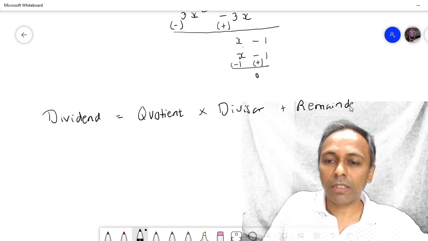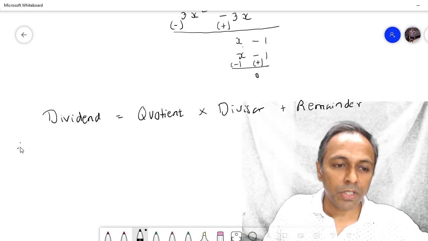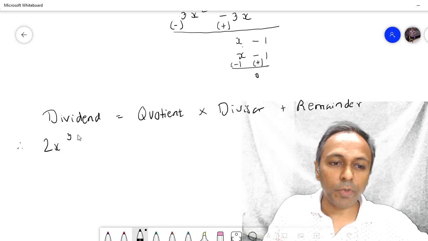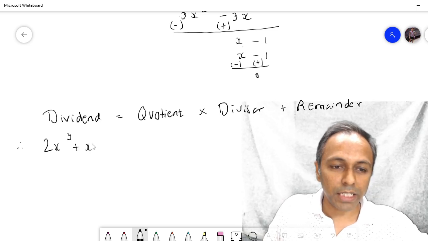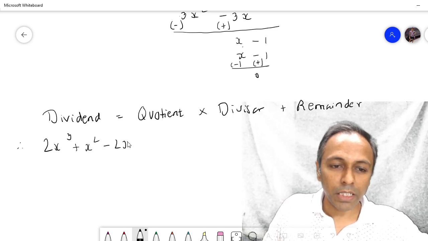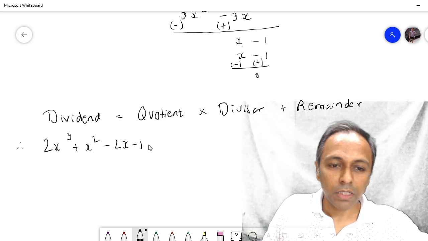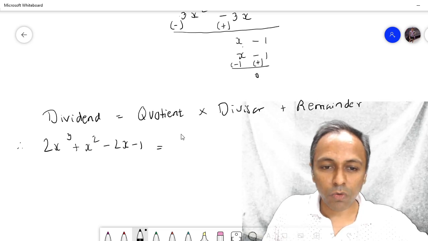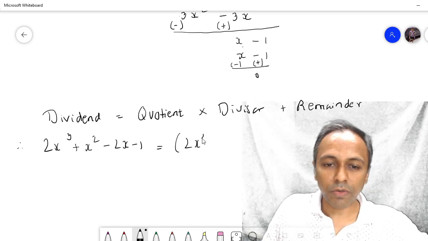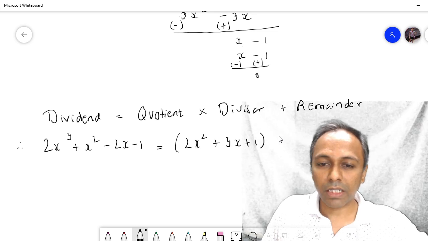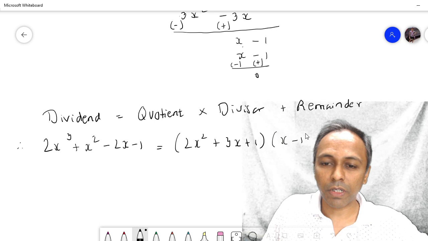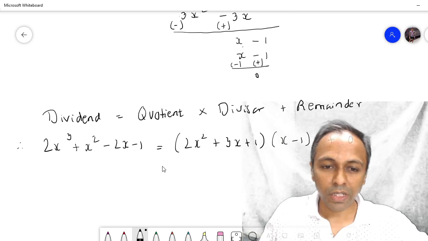This we have learned in 9th standard, or maybe in the lower standard, 8th standard. So dividend is 2x cube plus x square minus 2x minus 1 is equal to, what was our quotient? 2x square plus 3x plus 1 was the quotient. Divisor was x minus 1 and remainder is 0.